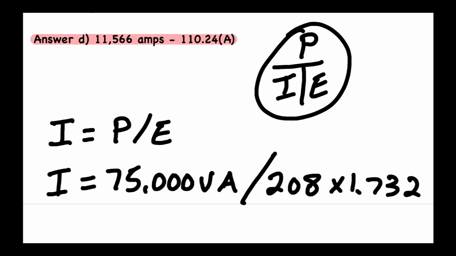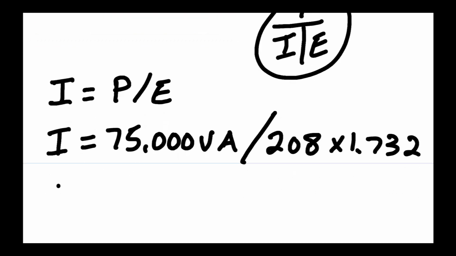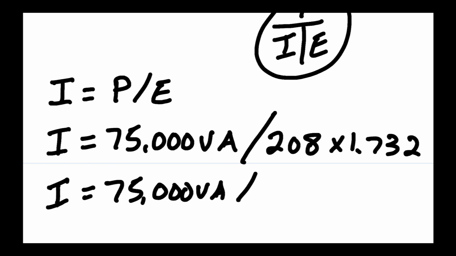And let's see what we come out with. So I is equal to 75,000 VA divided by 360.256. I'm going to grab my calculator to make sure that is the correct number. If I take 208 times 1.732, that equals 360.256.